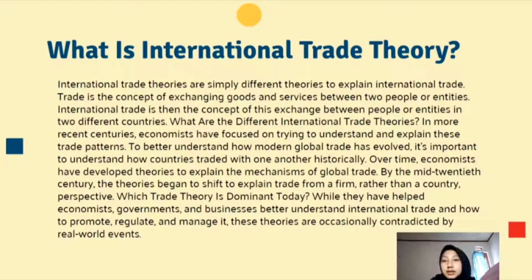While they have helped economists, governments, and businesses better understand international trade and how to promote, regulate, and manage it, these theories are occasionally contradicted by real-world events.